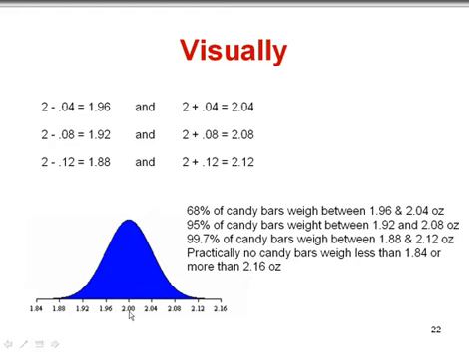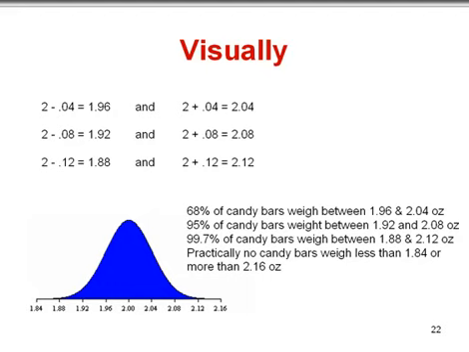We mark off increments of 0.04, since 0.04 is the standard deviation on either side, to get, starting at 2, 2.04, 2.08, 2.12, and 2.16. And on the left, 1.96, 1.92, 1.88, and 1.84.